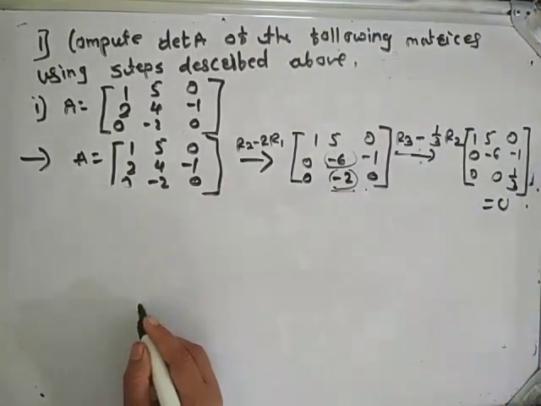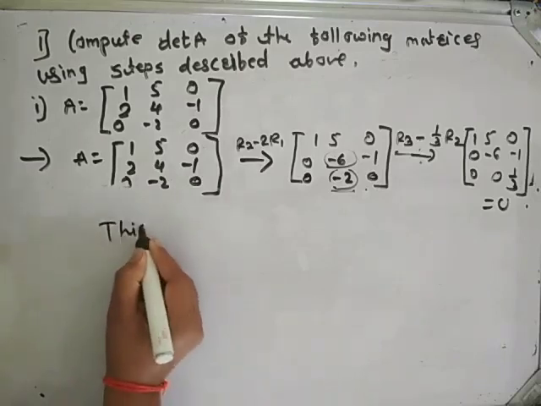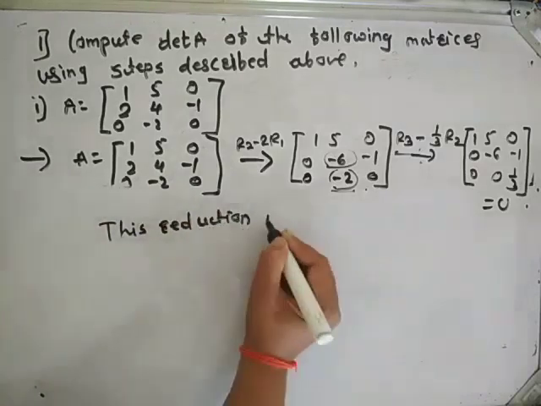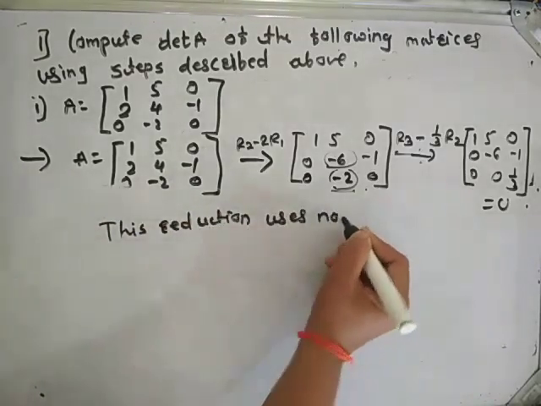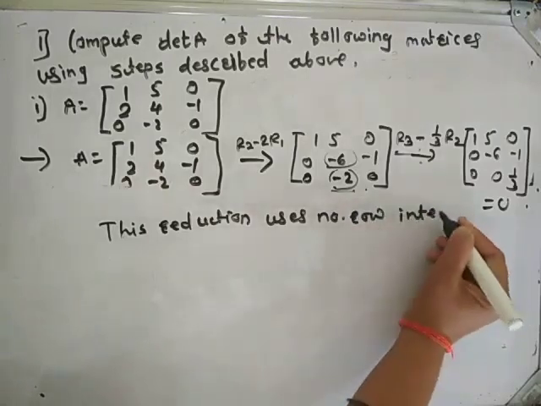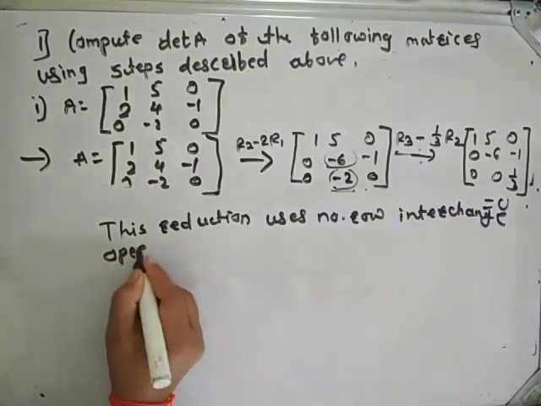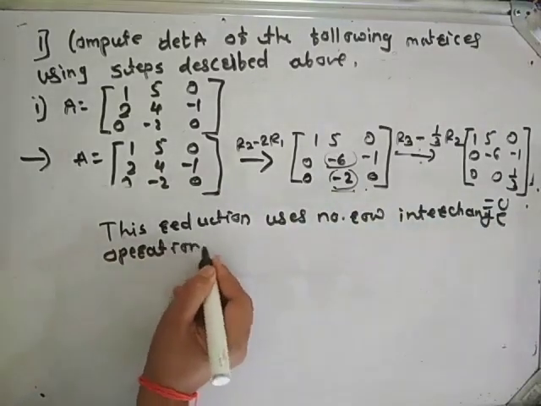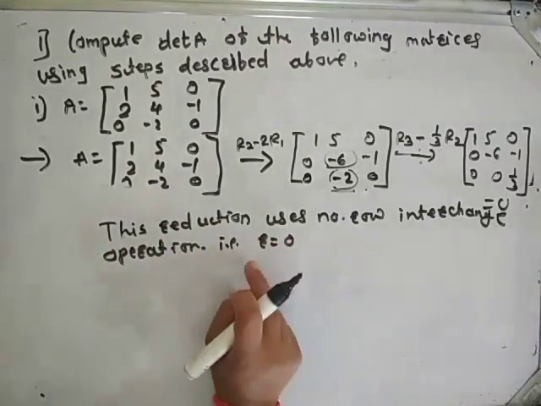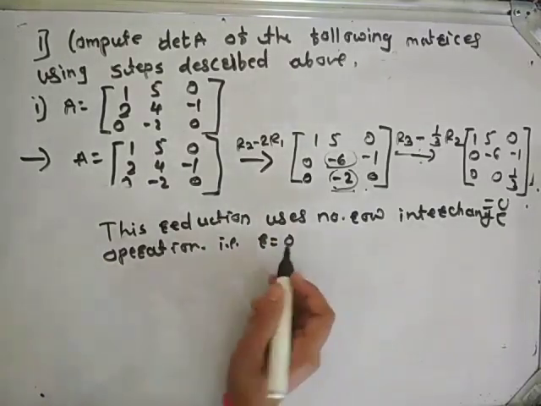This reduction uses no row interchange operation. That is R equals 0, where R means number of row interchange operations.